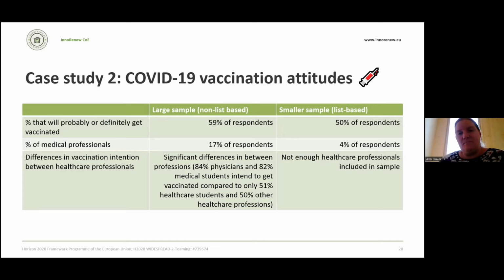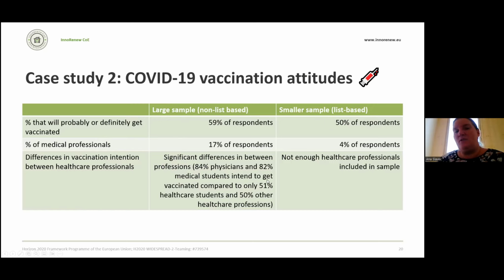But again, if we go now to the comparison of this large and small sample, in this large sample there were a lot of medical professionals, so it allowed us to do the analysis between different healthcare professions, and we were also able to see there is a big difference between physicians and medical students.